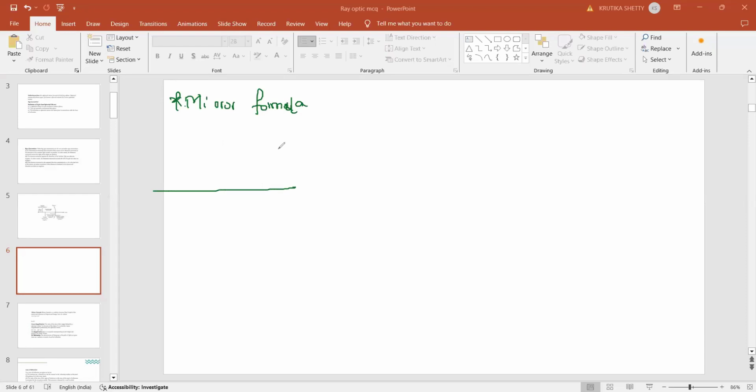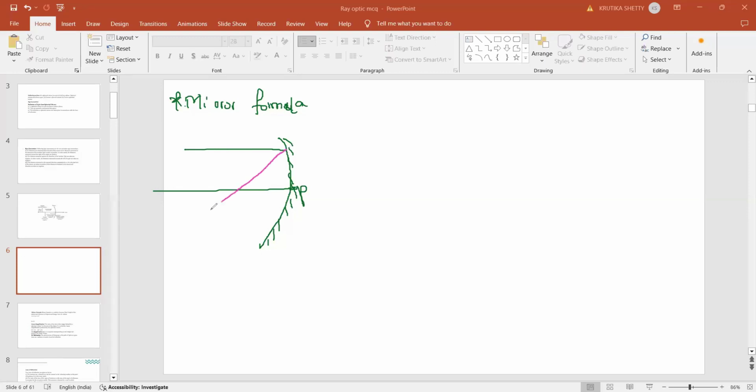So consider the principal axis and a concave mirror. Okay, so this is the point P. This is the incident ray. The next reflected ray we are taking.